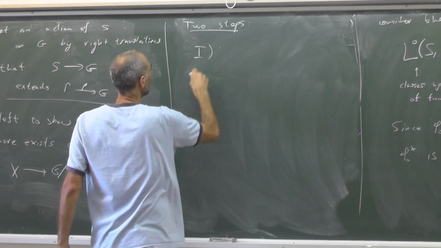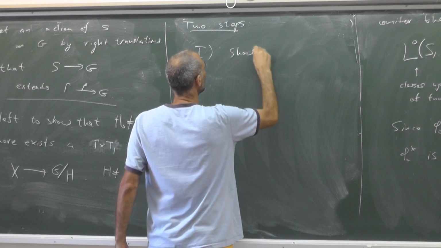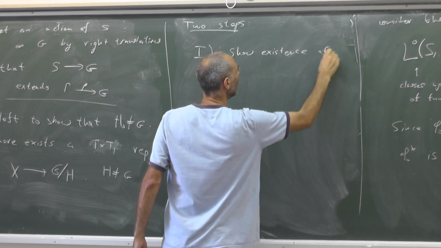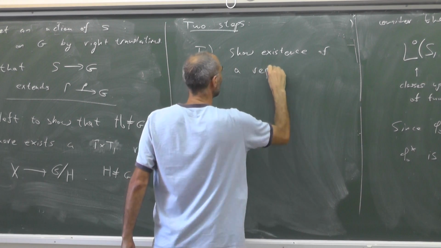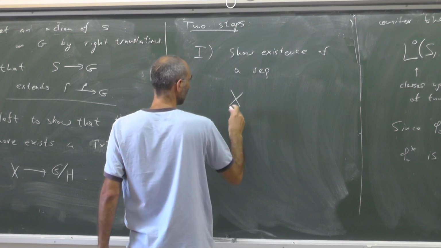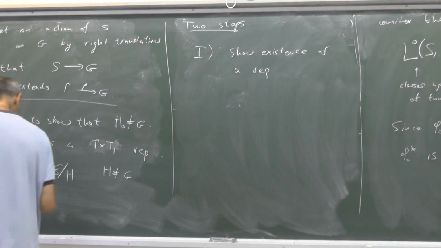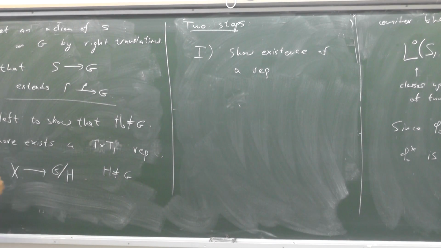One, show existence of a representation from X. Of course, there should be some decoration. This is T, now T is T1.